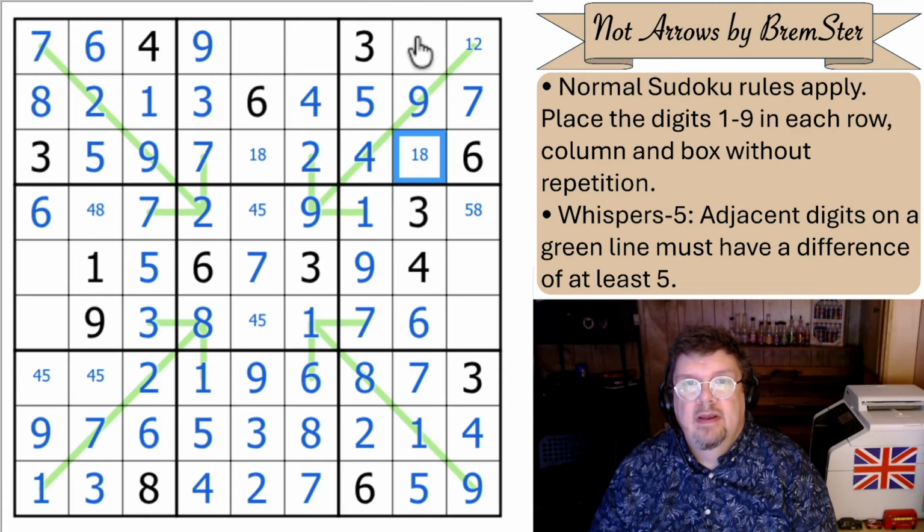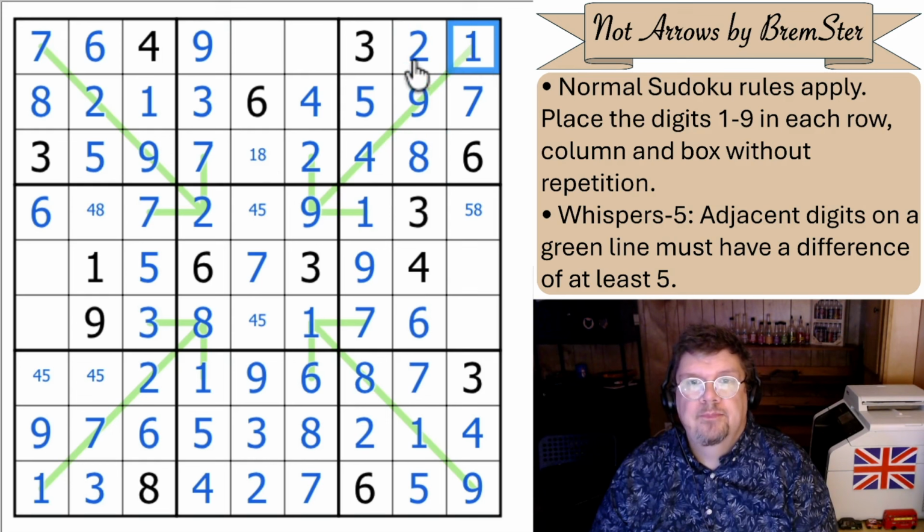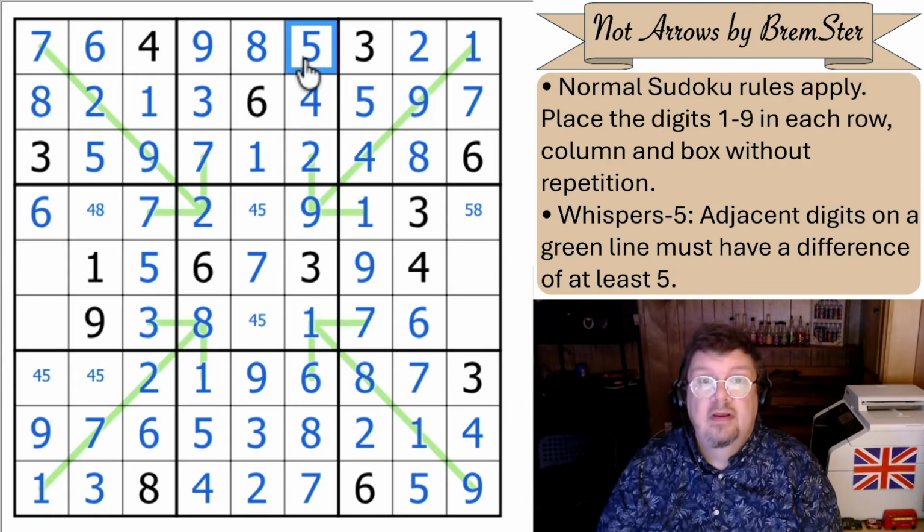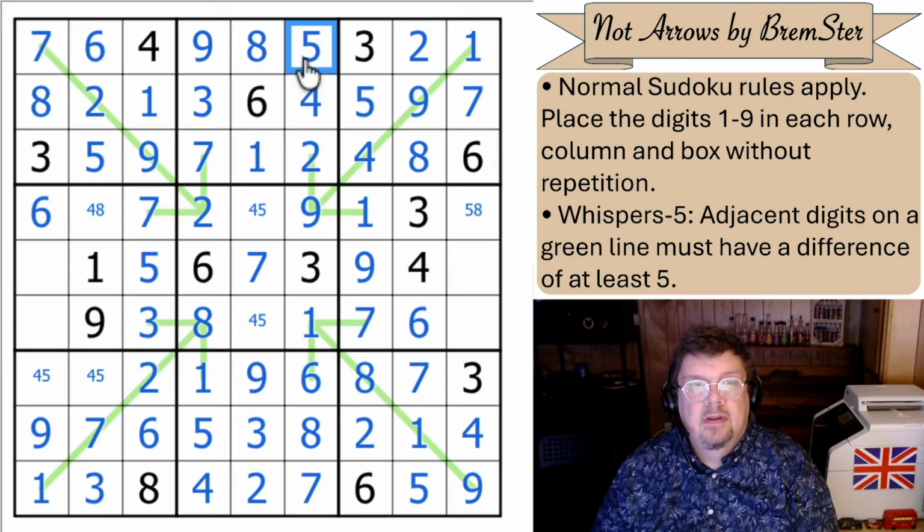I've got a 1-8 pair there. That's 1. In fact, that's an 8 from the one in the bottom. That's a 2. That's a 1. That's a 1. That's an 8 and a 5 here. We are closing in. This 5 is looking down.